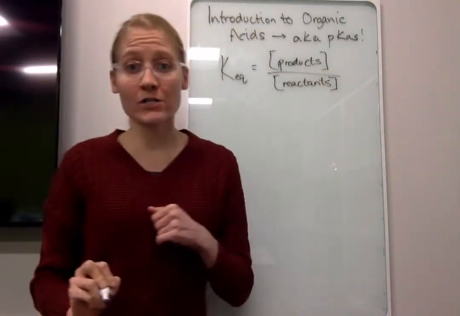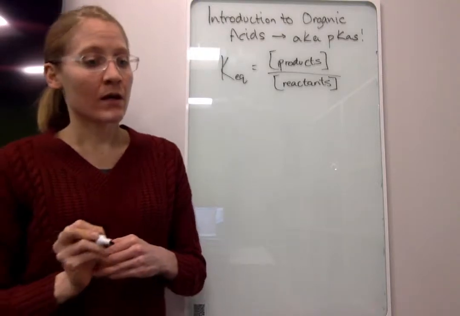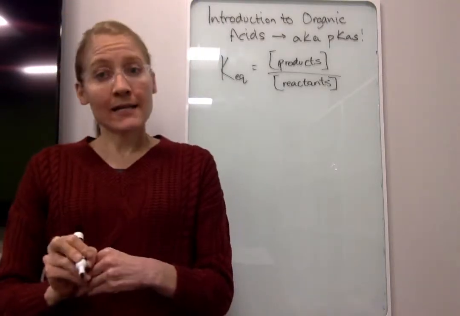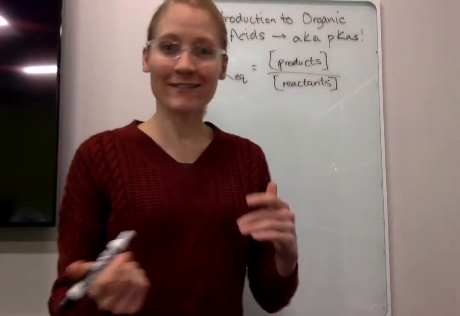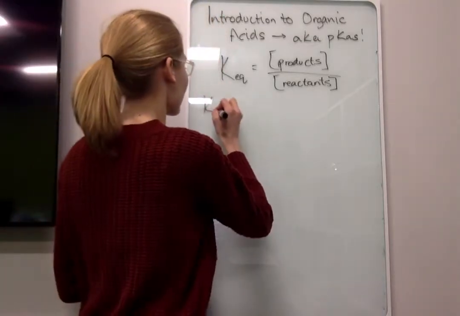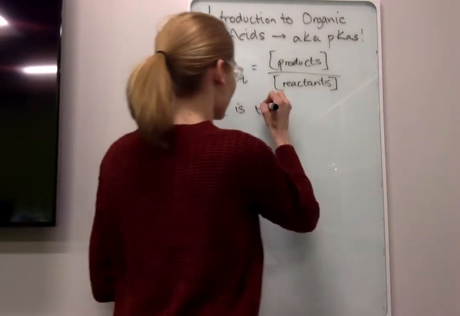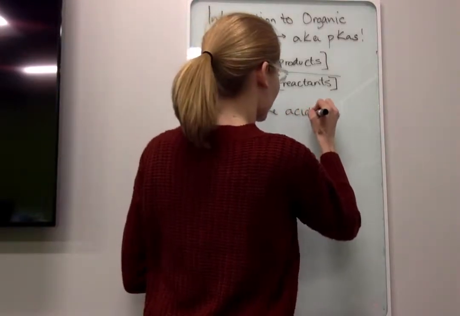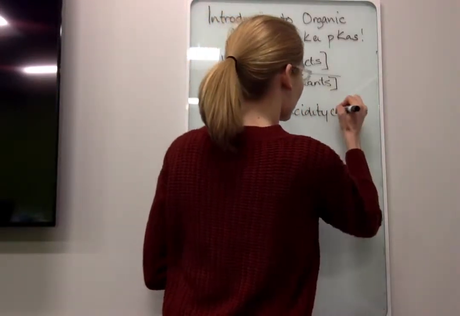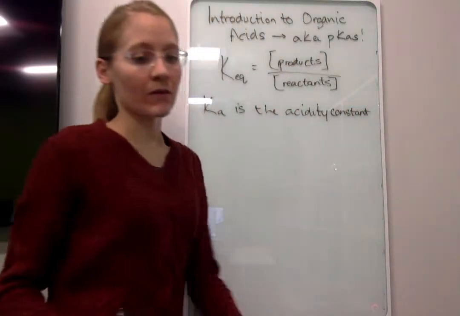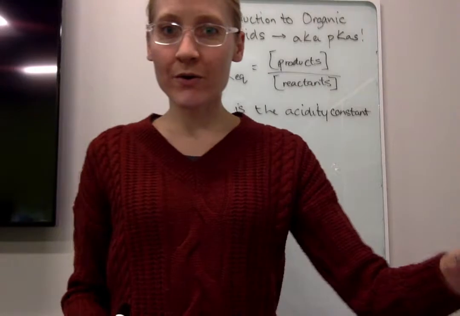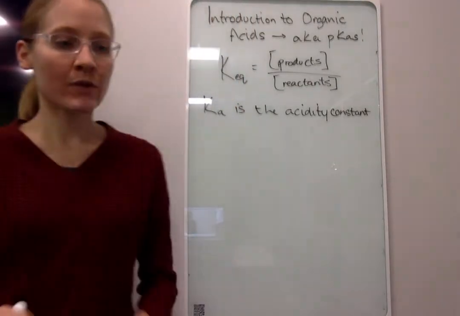And these are concentrations in water. So in acidity, we use Ka, which is the acidity constant. And this tells us about the strength of the acid.